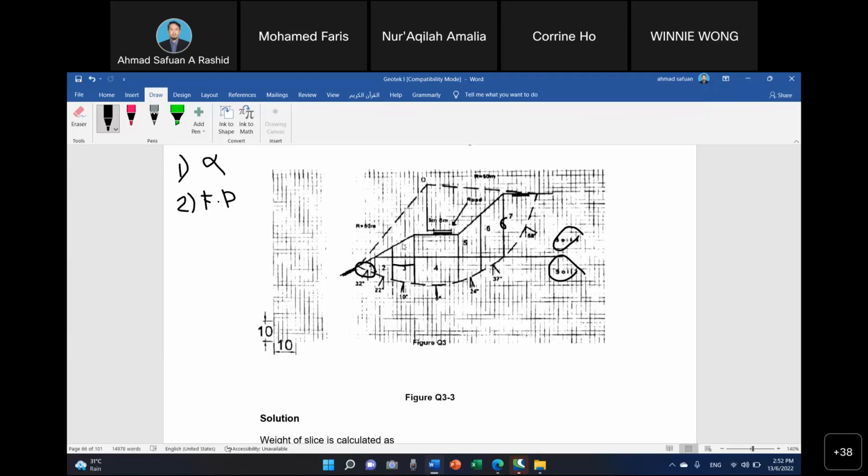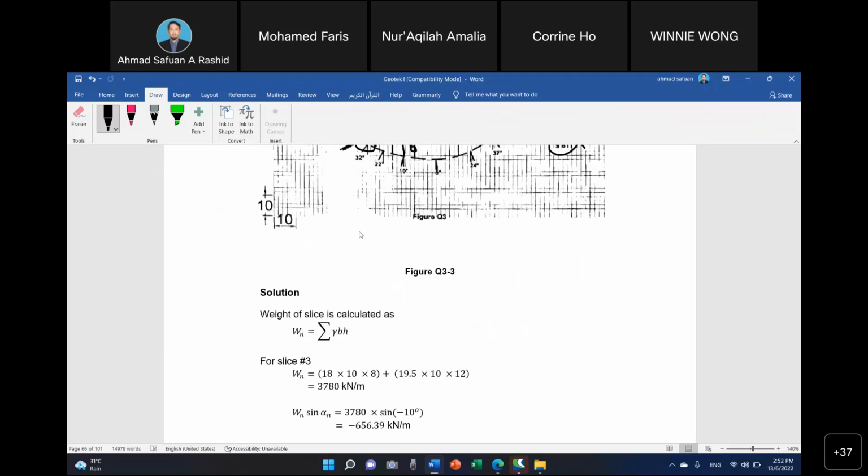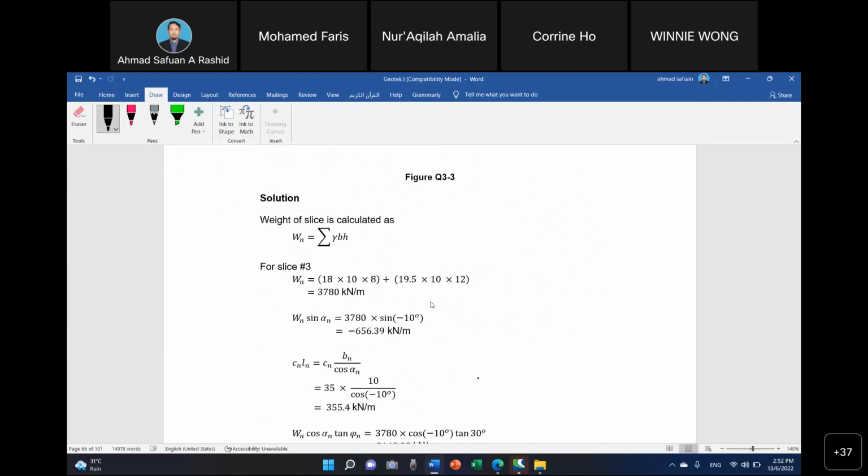Then we need to draw a line to determine the height of the slice. This is H, and this is B. That is to determine the weight.